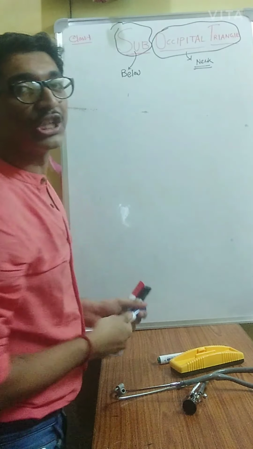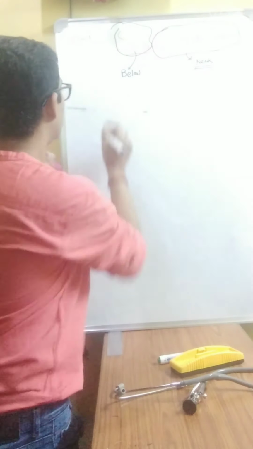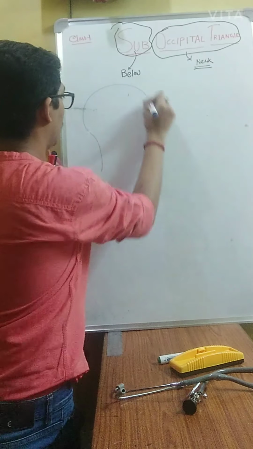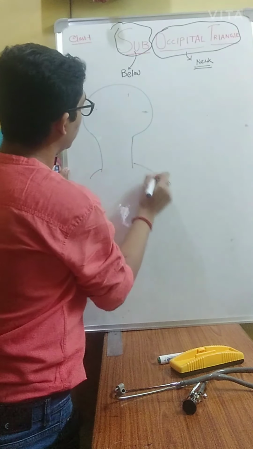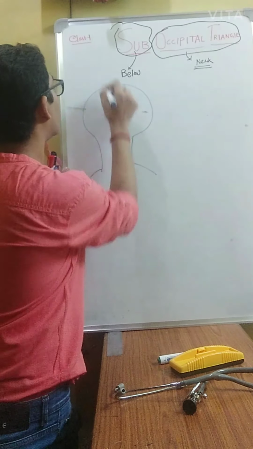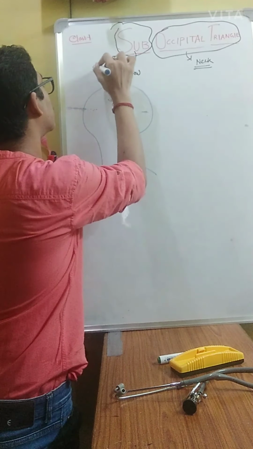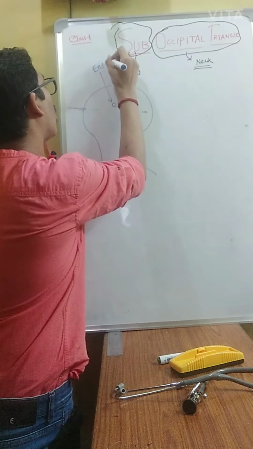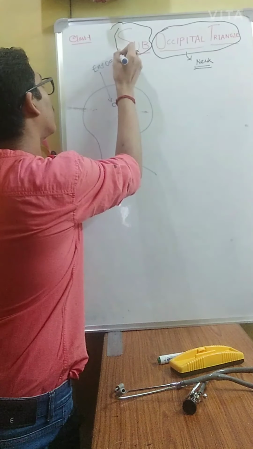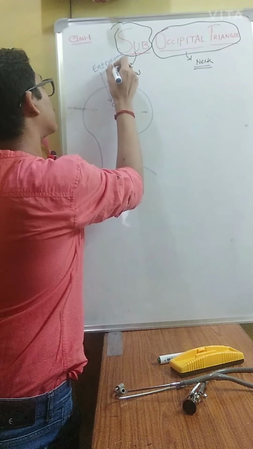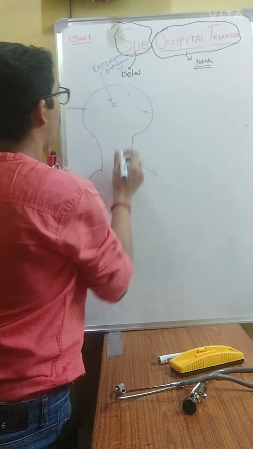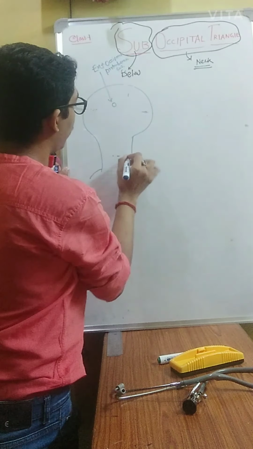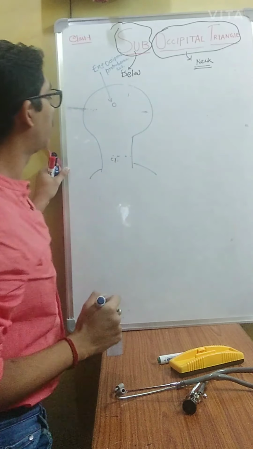First we will start with the incision of this suboccipital triangle. Suppose this is the structure of a human neck. This is the external occipital protuberance, and this is the level of the C7 vertebra.